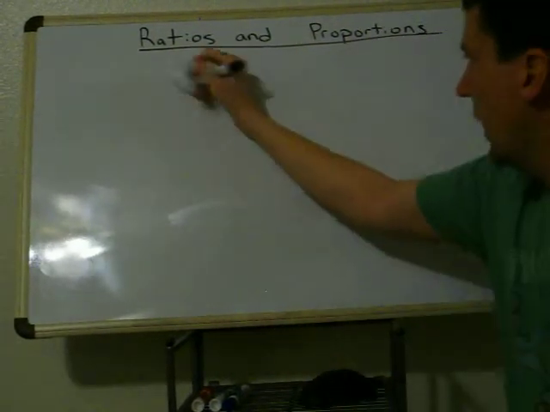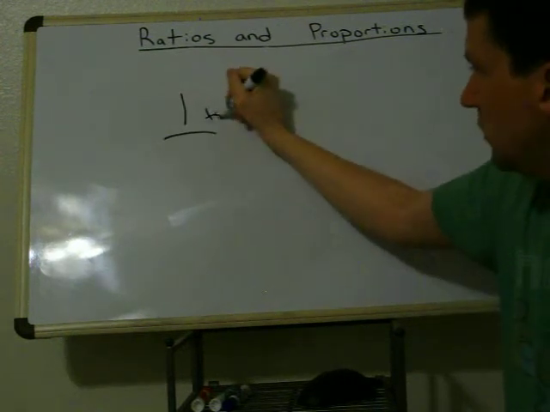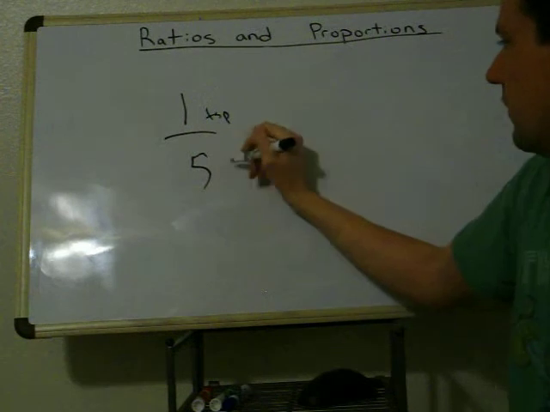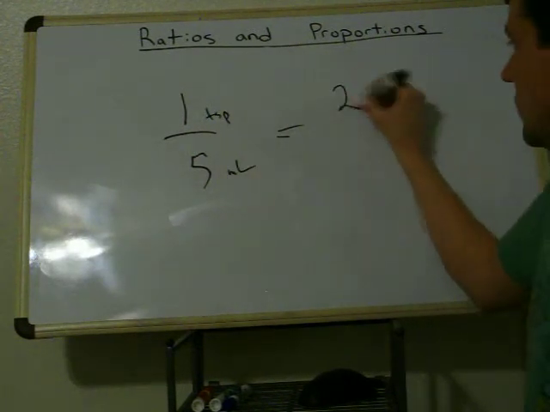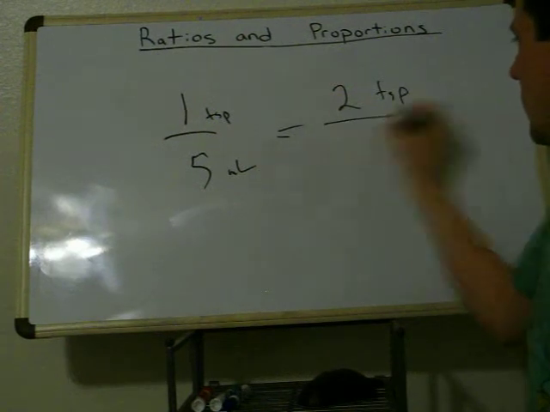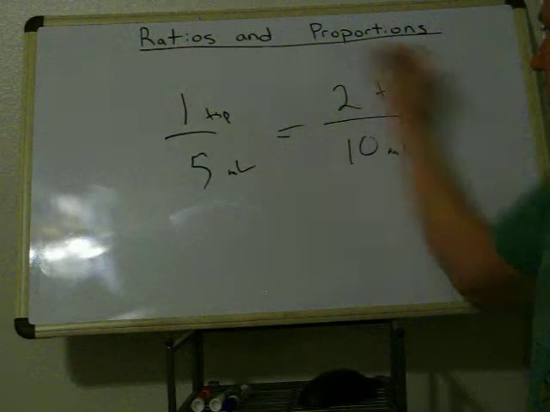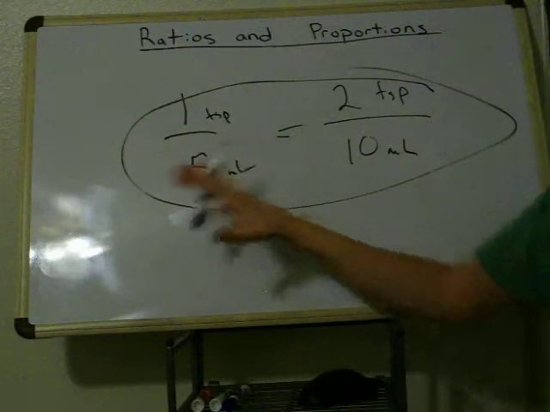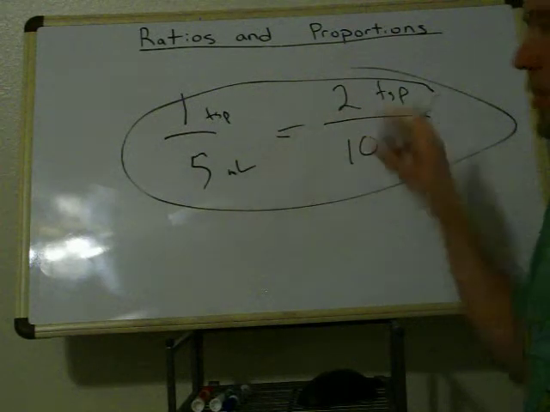With the example that we had, 1 teaspoon for 5 milliliters is the same as 2 teaspoons for 10 milliliters. Okay, this right here is a proportion. Two ratios that are the same.